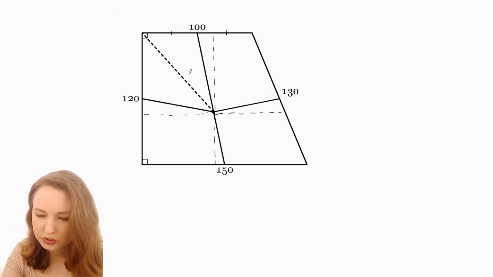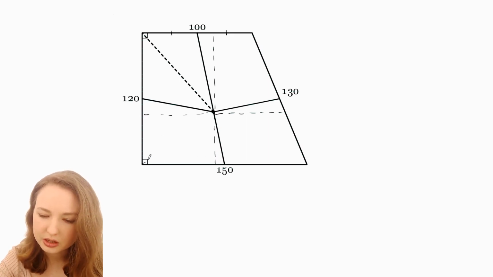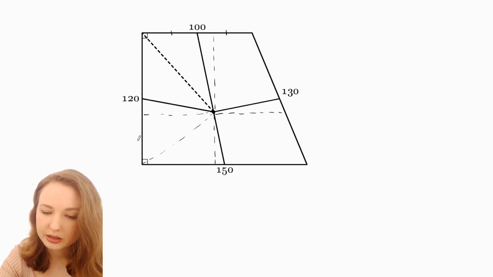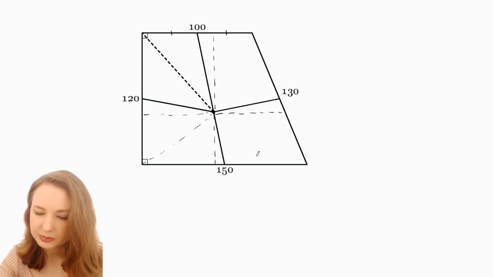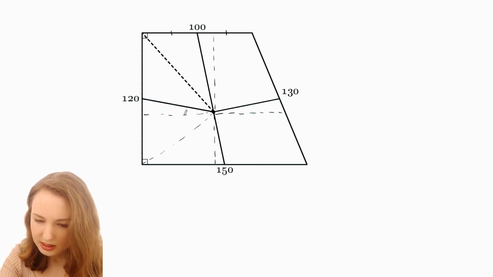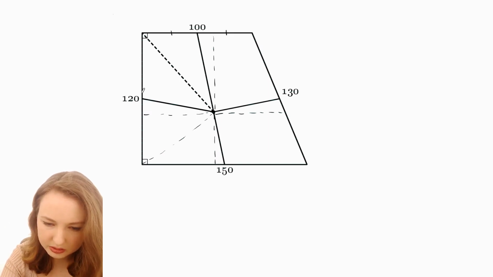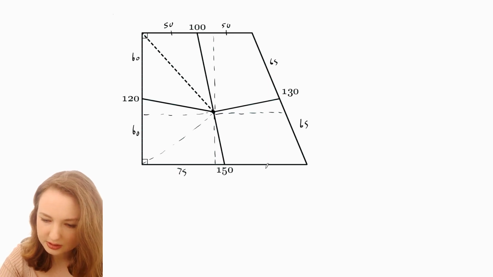So, we need some way to say what the area of this is. So what I would do is cut it along there, and now it's in 2 triangles. We can work out the area of those triangles. Since that's the midpoint of this side, we know that that's 60 and that's 60, that's 50 and that's 50, that's 65 and 65, and so on.